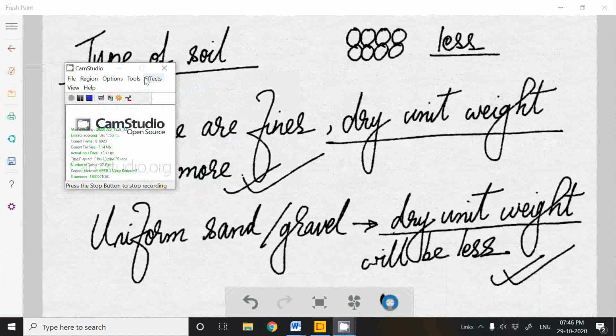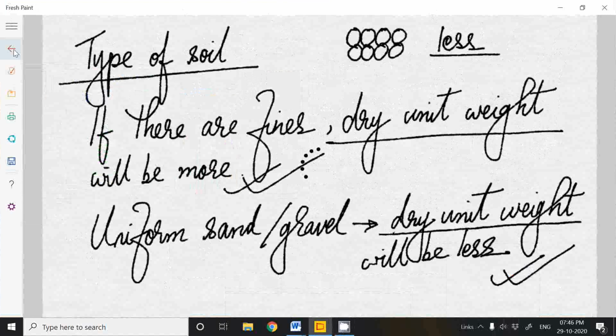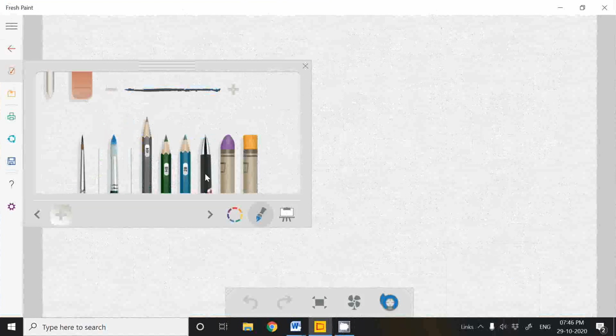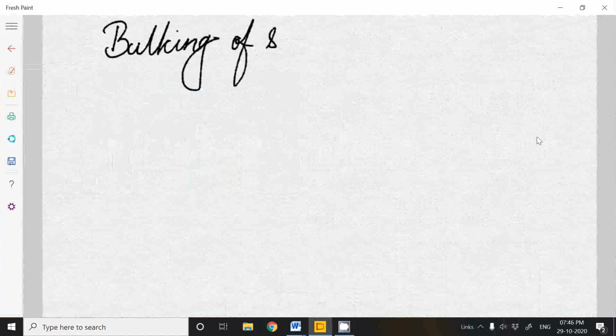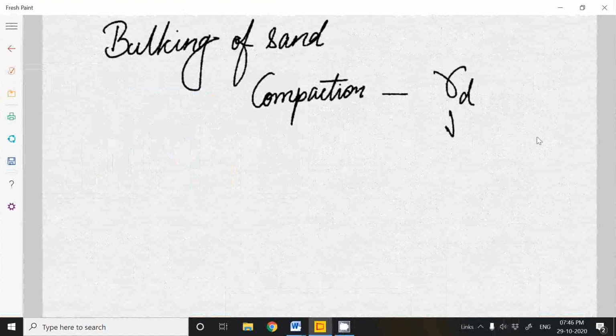Now let us discuss another concept, which is called bulking of sand. One thing you should remember: compaction is measured by dry unit weight, and dry unit weight is weight per unit volume.